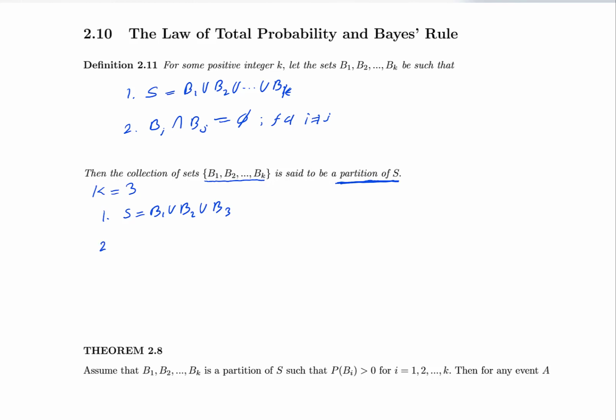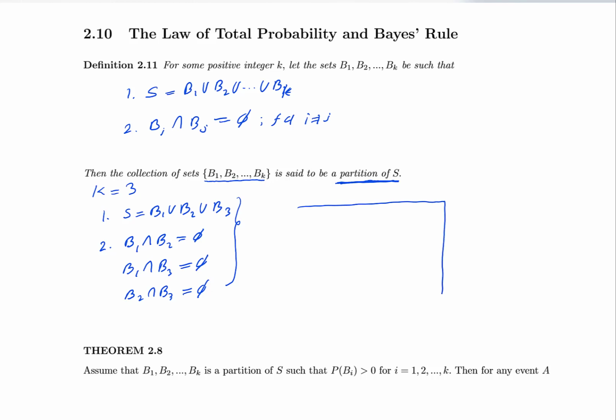And the second one: B1 intersection B2 equals empty, B1 intersection B3 is also empty, and B2 intersection B3 is also empty. Under these two conditions, I can draw the Venn diagram for this.